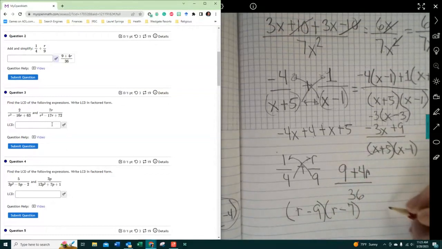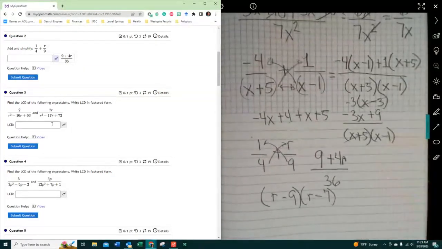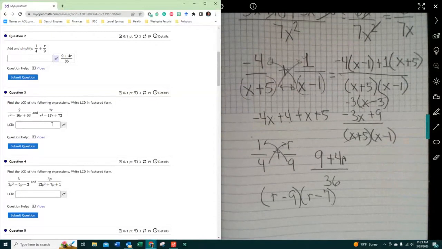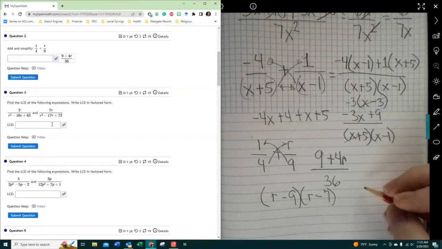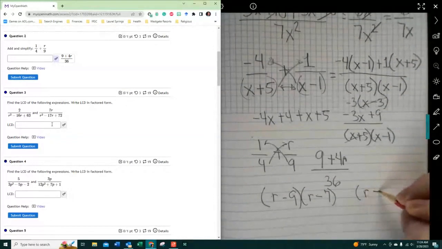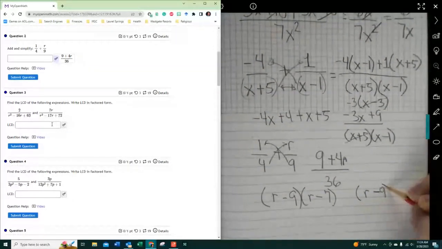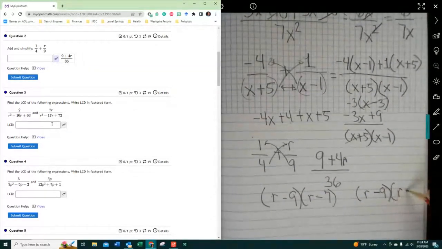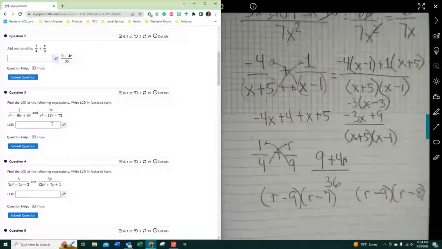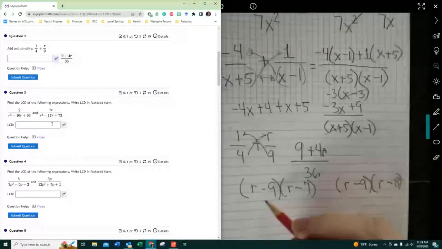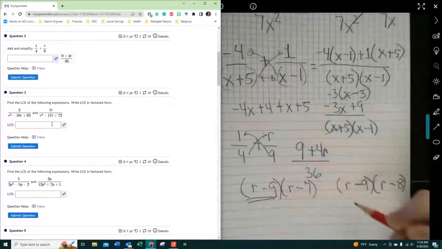And then what two numbers multiply together to create 72 and add up to 17? And we're thinking 8 times 9. Yes, absolutely, 8 times 9. So we're going to get R, and then 9, and then R, and then 8. Now we look at these two values, and I'm going to double underline it.